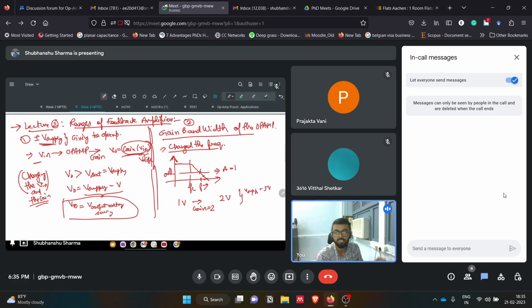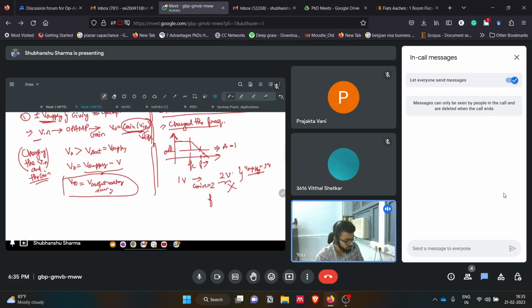So there was no limitation of output voltage swing or supply. Still we won't be able to get this 2 volts at the output if the frequency is more than the gain bandwidth frequency, this fc or f naught, because the gain of the op amp will decrease, becoming less than 1. So the op amp will not be able to act as an amplifier. So here was one more limitation.